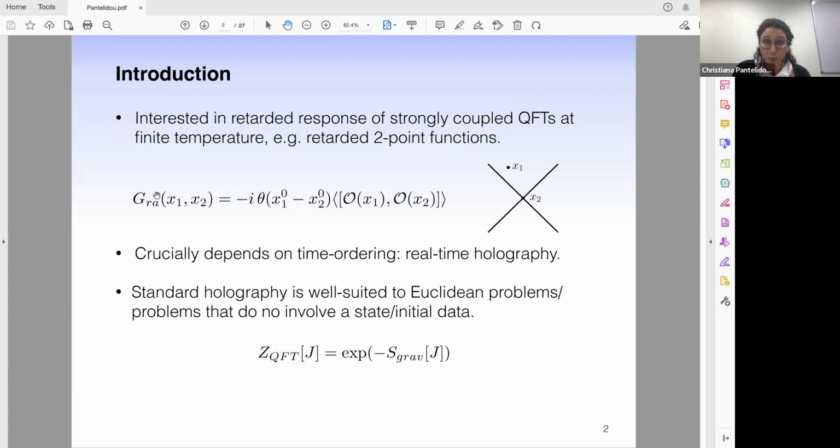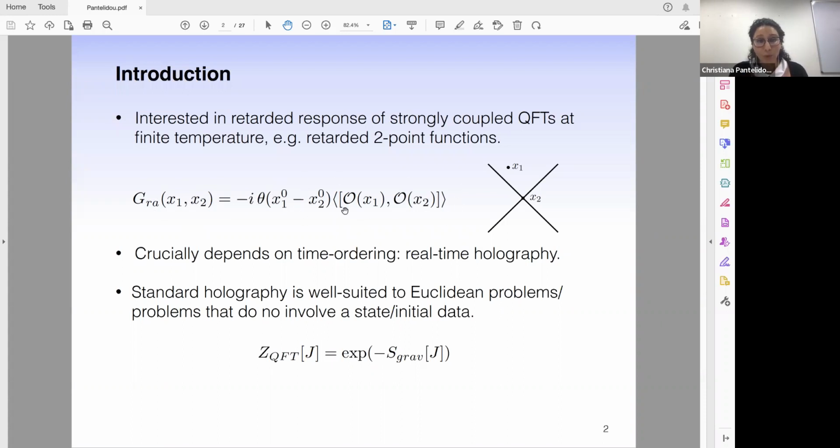This retarded two-point function is, as the name suggests, a function of 2 points, x1 and x2. These are the 2 points where I do the operator insertions in my quantum field theory. If we want to compute the retarded two-point function of an operator O, then it is given by what I have here on the right-hand side.